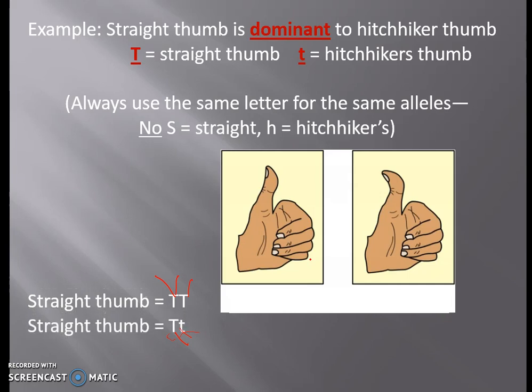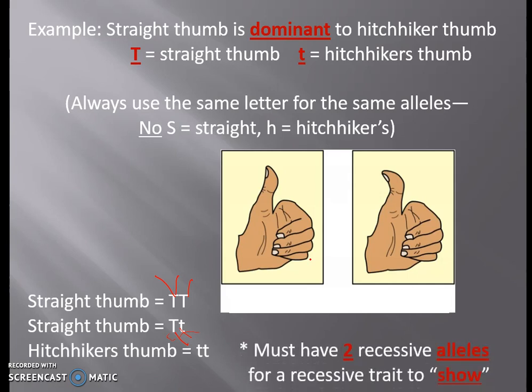So let's take an example of the straight thumb. There can be two possibilities of the alleles. There can be two dominant alleles, represented by capital T and capital T, and it will be a straight thumb. Because the straight thumb is dominant, it can also have one dominant allele, that is capital T, and the other one recessive, that is a lowercase t. In both cases, it's going to have a straight thumb.